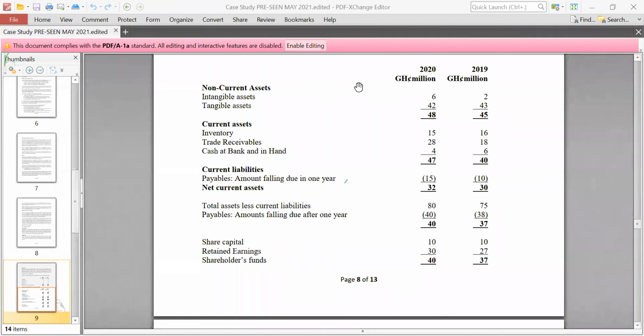No. Okay, let me make a very wild guess. Because they're into manufacturing of drugs, they may have a patent on certain drugs they manufacture. Fantastic. That's a possibility.